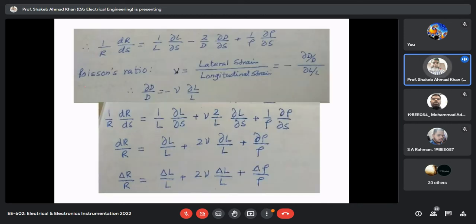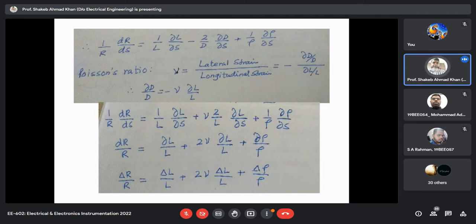Now, for every material we have a Poisson's ratio, and this Poisson's ratio is basically the ratio of the lateral strain to the longitudinal strain. So in this case, delta D upon D is the lateral strain, and delta L upon L is the longitudinal strain.